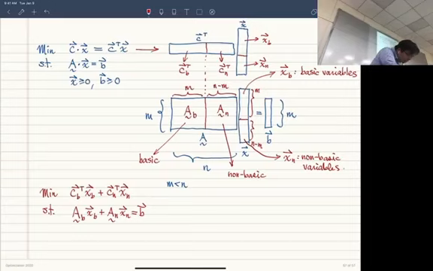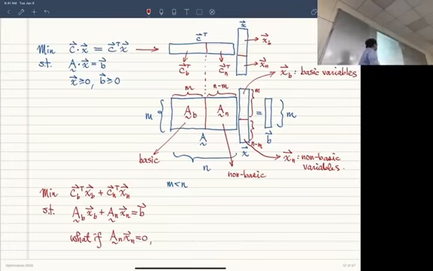So what's interesting is that the concept of linear programming is like this. What if this part is 0? And remember, AB is a square matrix. So what if AN XN equals 0?